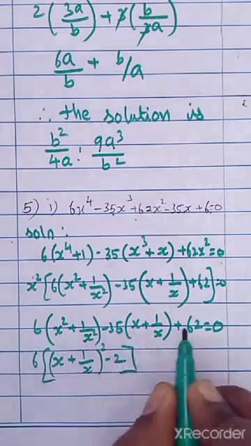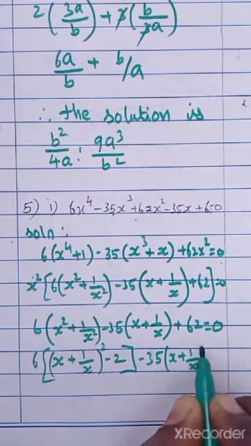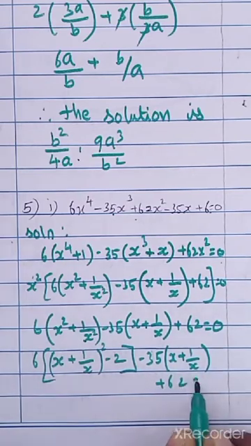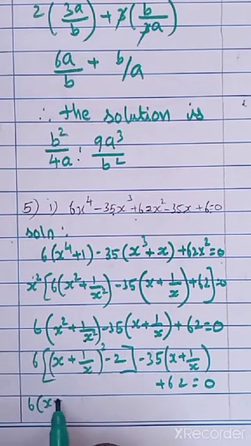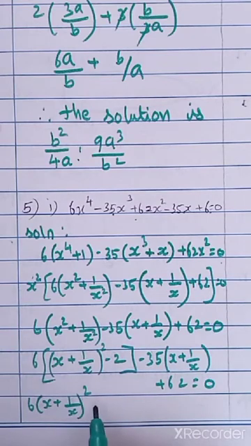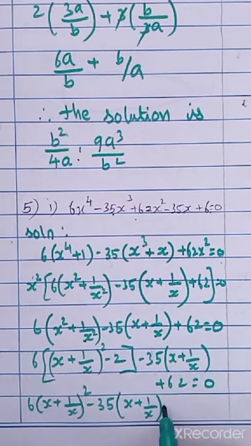Close the bracket. This one as it is, minus 35 into x plus 1 by x plus 62 equal to 0. Now this 6 into x plus 1 by x the whole square, 6 twos are 12, okay? So I can take that in the last term: minus 35 into x plus 1 by x plus 62 minus 6 twos are 12, equal to 0, right?